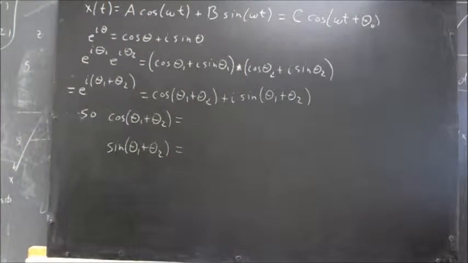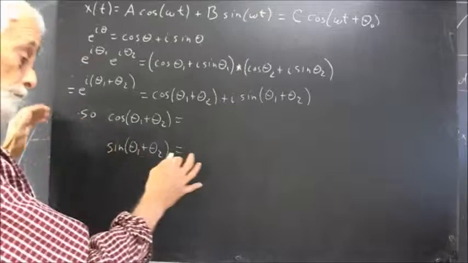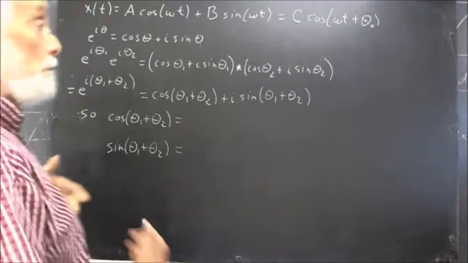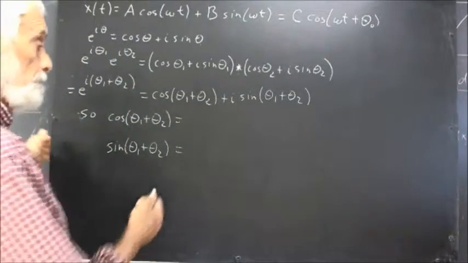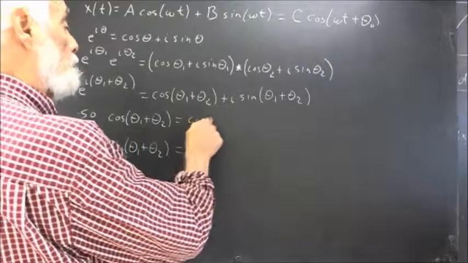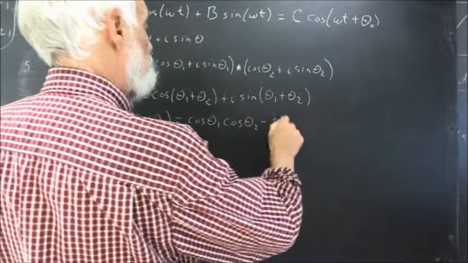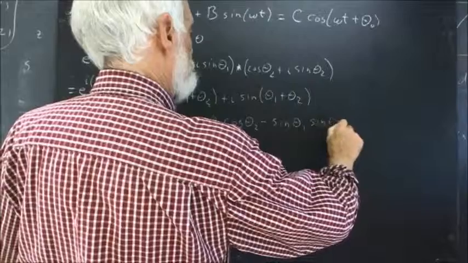Everybody should write this out at least 10 times in their life until it really becomes second nature. It's nothing but algebra 2 with a little bit of imaginary arithmetic, complex number arithmetic. We get cosine theta 1 cosine theta 2 minus sine theta 1 sine theta 2.